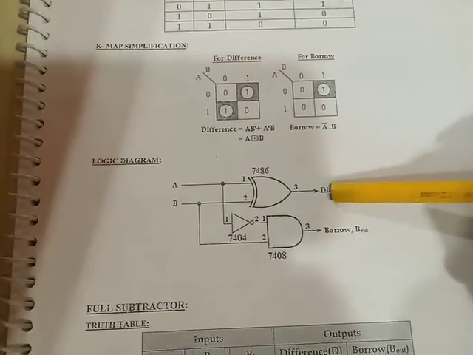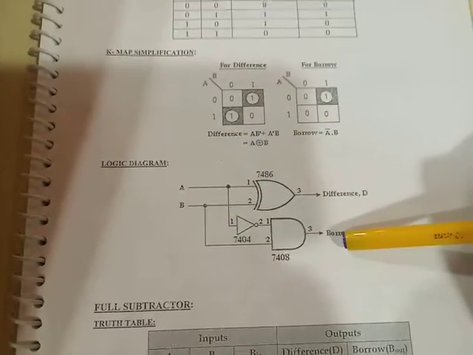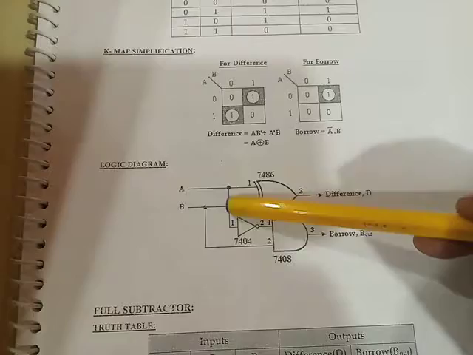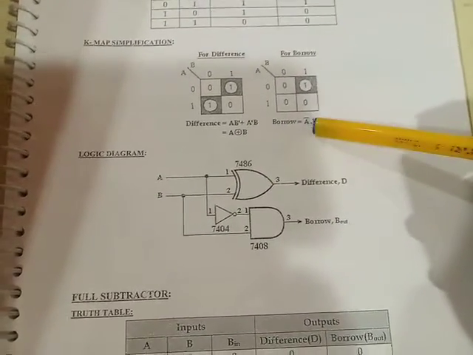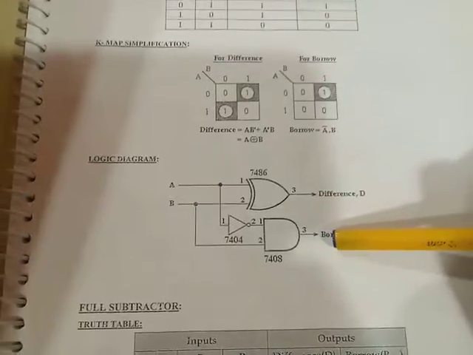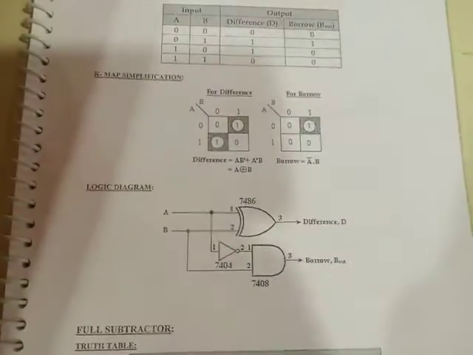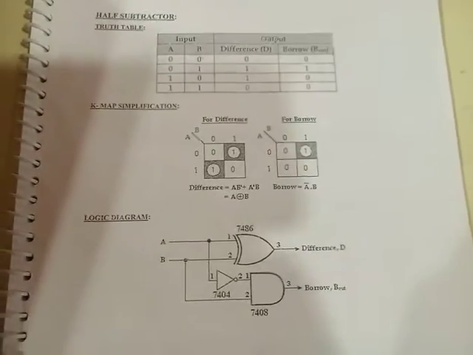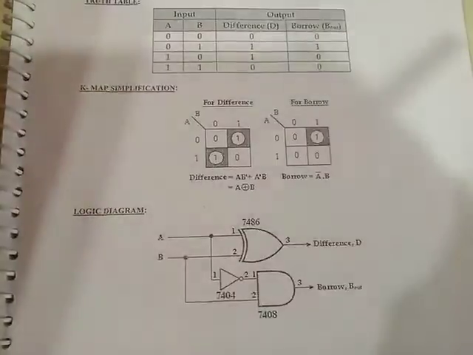The difference will be A XOR B, and the only change is in borrow, which is A bar dot B. This is my borrow. Now we are going to verify the truth table for the half subtractor using the trainer kit.